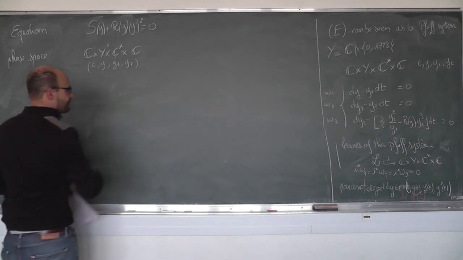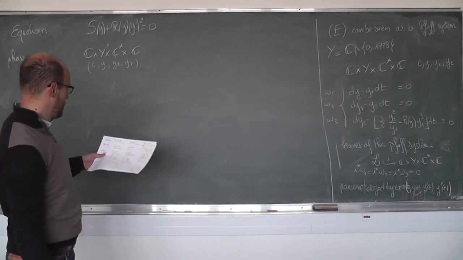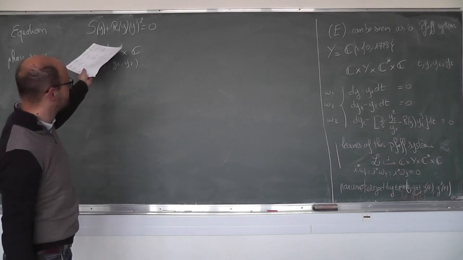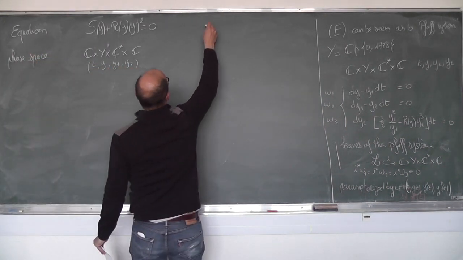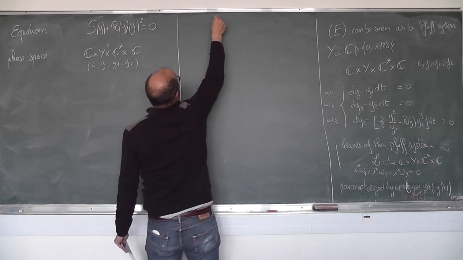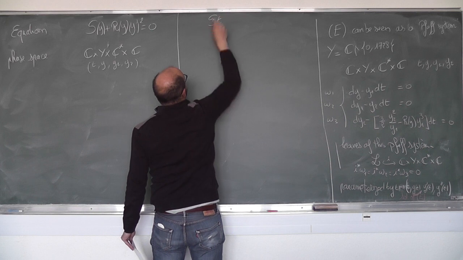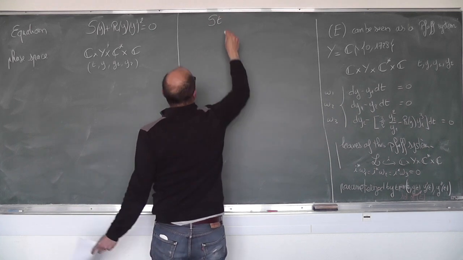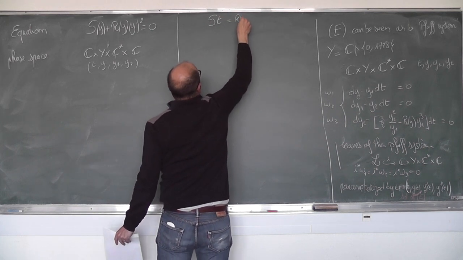And then a natural equation that is associated to this one is this equation here: the Schwarzian of t equals r of y.